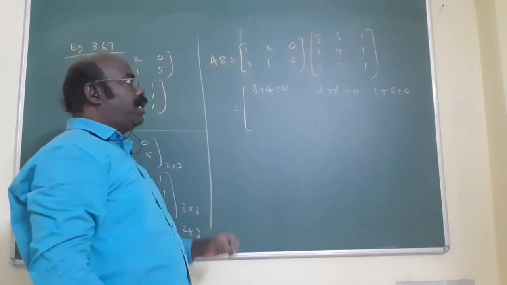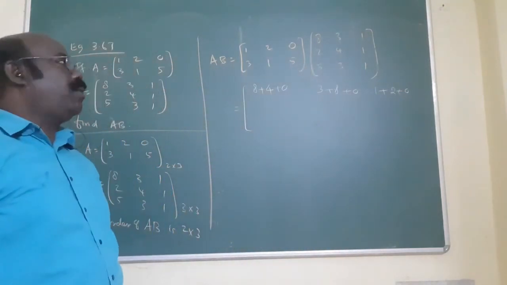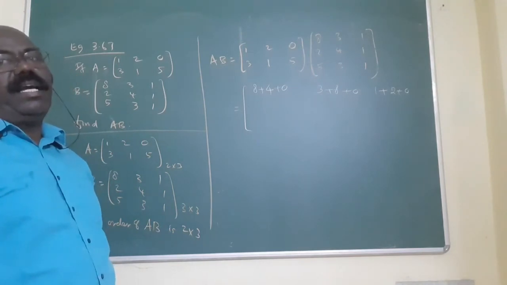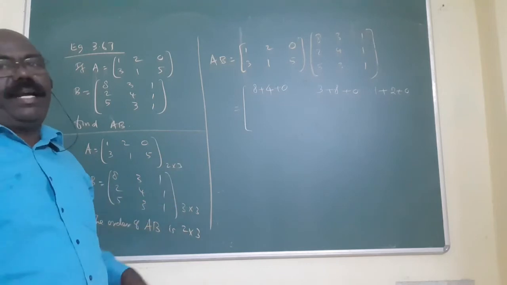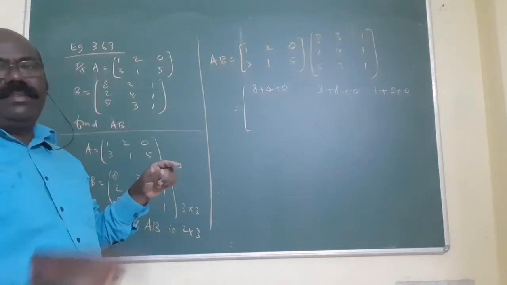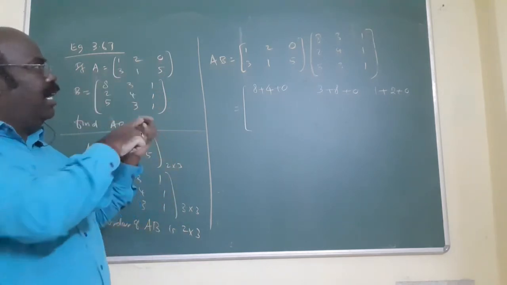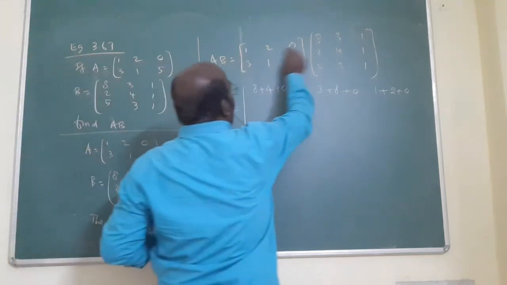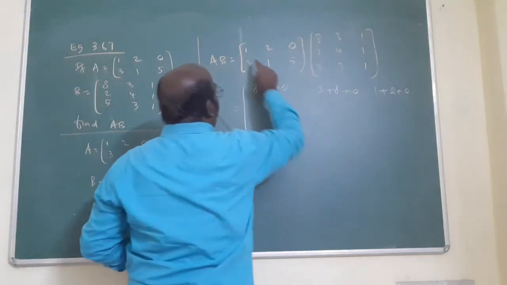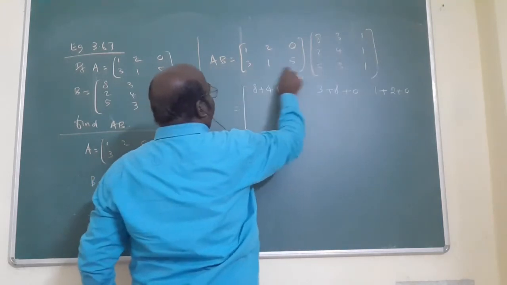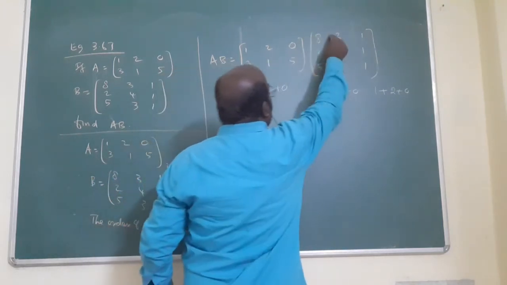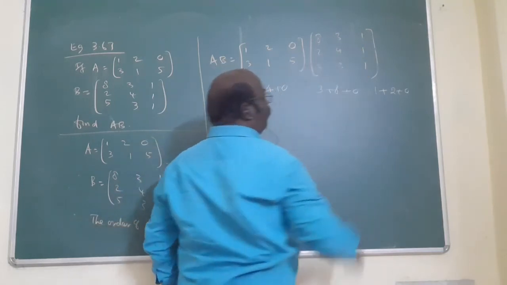This is a very important concept. Multiplication of two matrices is not like addition or subtraction. In this way, you multiply and add. Simple concept. First row to first column, first row to second column, first row to third column. Similarly, second row to first column, second row to second column, second row to third column.